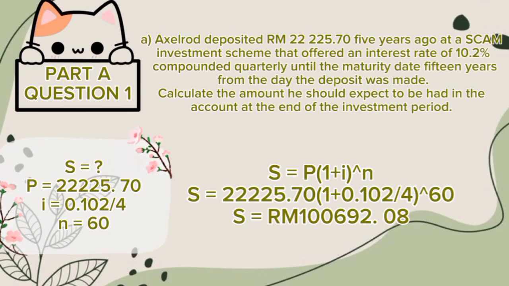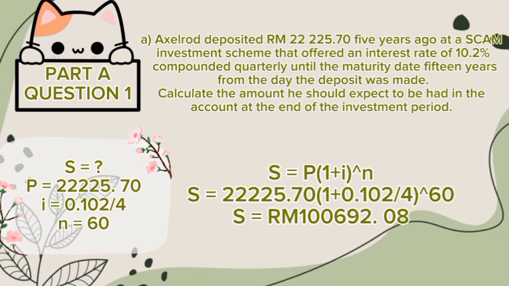For question number 1, A has a direct deposit of RM22,225.70 5 years ago at an investment scheme that offered an interest rate of 10.2% compounded quarterly until the maturity date 15 years from the day a deposit was made.